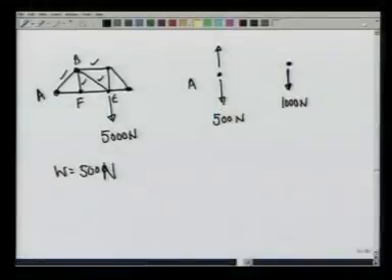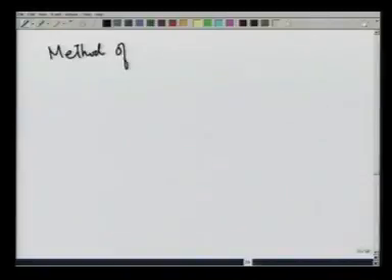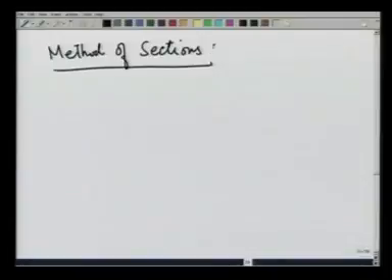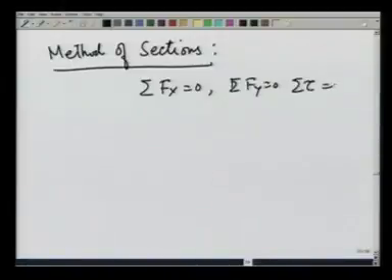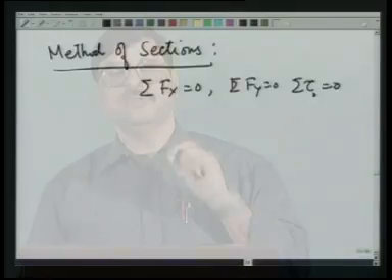In that case, the method that is used is known as the method of sections, in which case, we cut a section through the truss so that a maximum of 3 members are cut, and then I have 3 equations to solve, namely summation Fx equal to 0, summation Fy equal to 0, and summation tau about some point equal to 0, that give me those 3 forces.